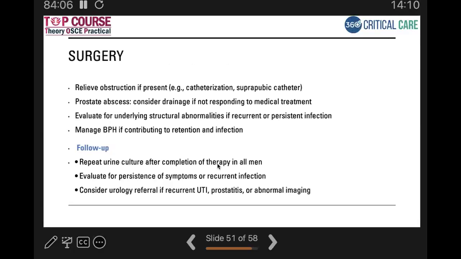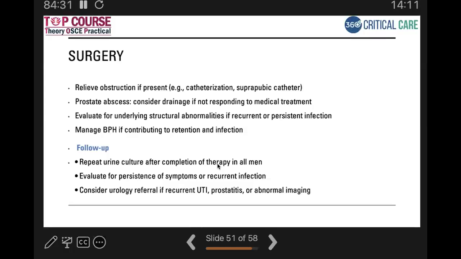Okay. When it comes to a male complicated UTI, follow-up is mandatory. Especially when you give antibiotic therapy for 7 to 10 days, you call the patient for a repeat urine culture after 10 days. Okay, because the male UTI organisms tend to get retained in the urinary tract, in the residual volume or in the prostatic tissue.